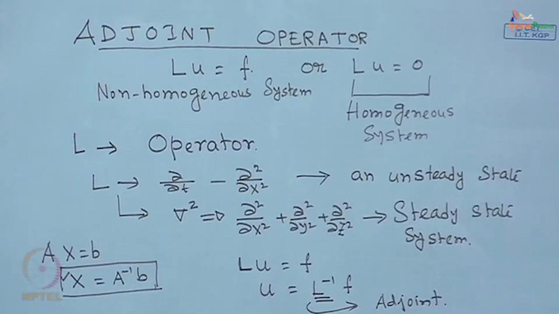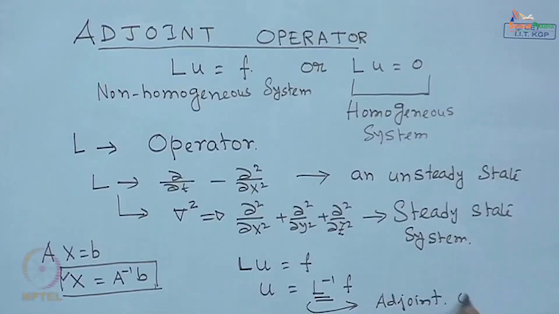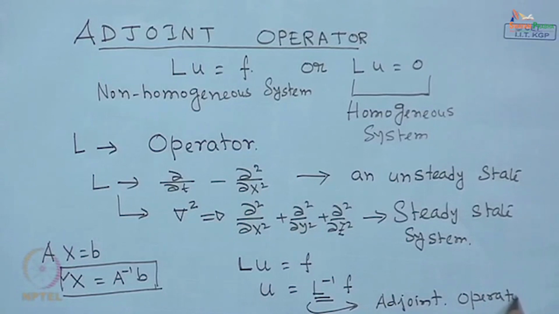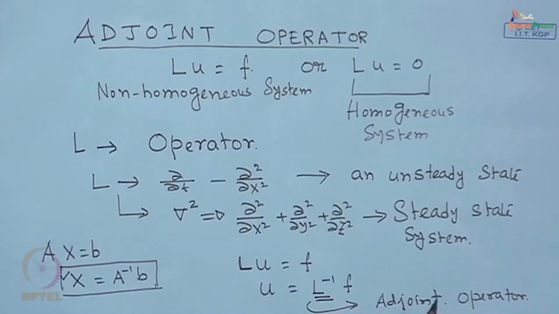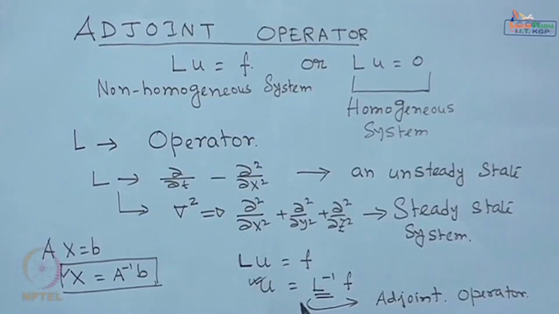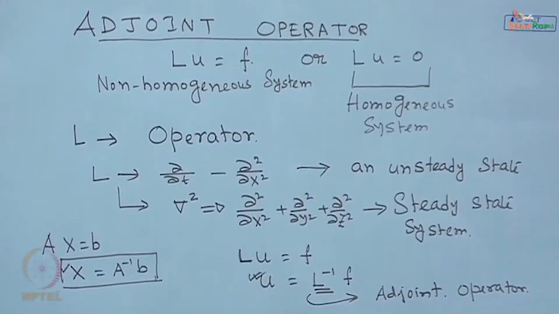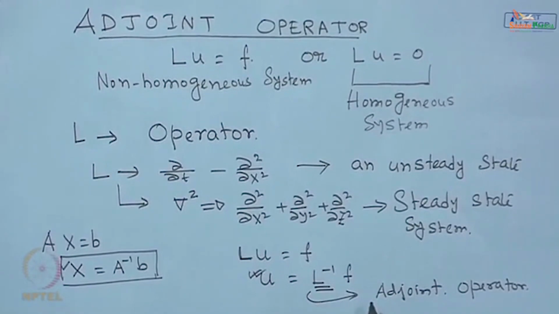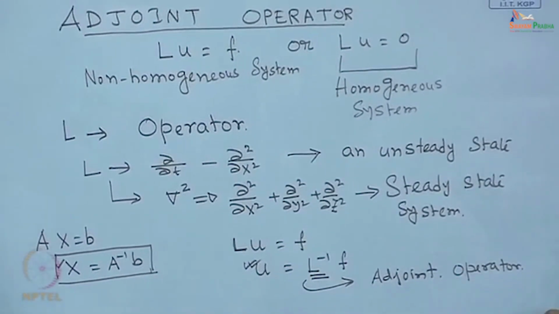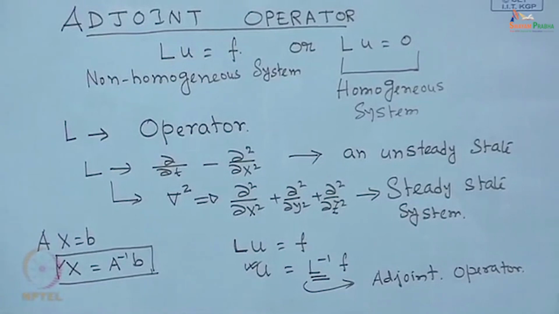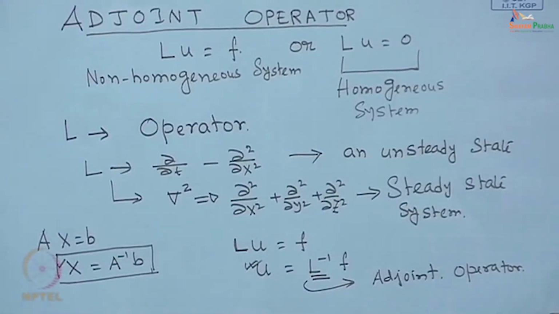So, in order to get these adjoint operator, if L is the operator, we find out L inverse as adjoint operator. So, in order to find out a solution U, you have to determine the adjoint operator, so that you will be getting the complete solution. So, evaluation of adjoint operator is very important in the continuous domain, and once you evaluate the adjoint operator, you will be in a position to get the complete solution of the chemical engineering system.